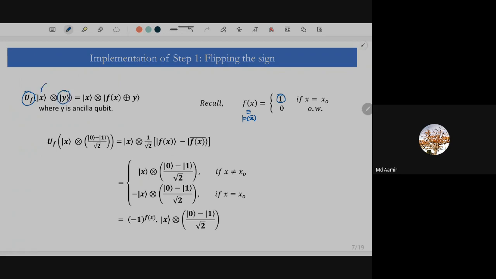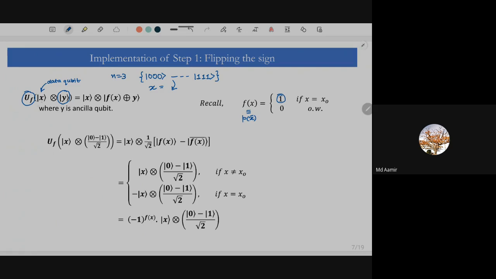So this is our data qubits. Let's say, for example, n equals 3. We had 0 0 0, up to 1 1 1. So x is basically some element of this set from 000 to 111.